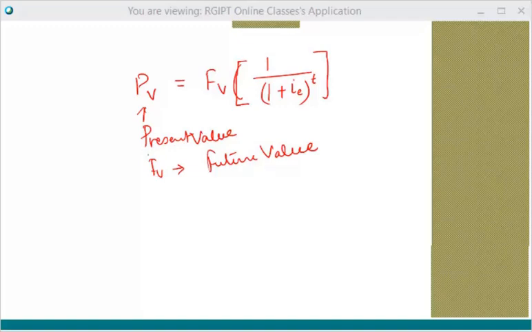Now, this term is typically referred to as P by F factor, that is the present worth factor. P by F is typically referred to as the present worth factor.